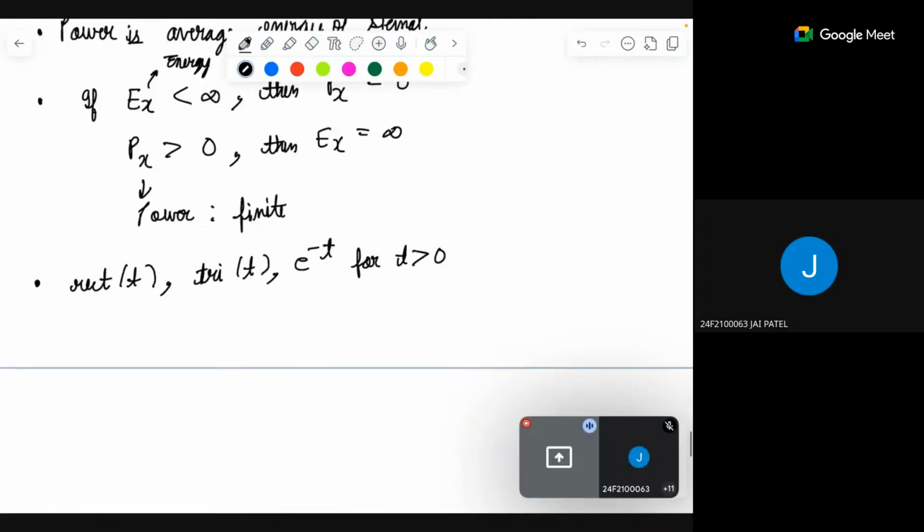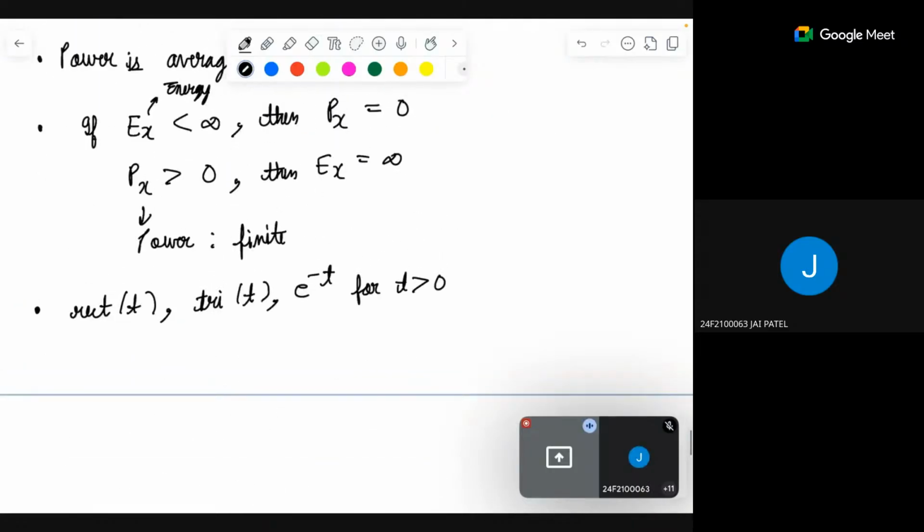As we see, rect t, triangular of t, and e raised to the power of minus t for t greater than 0 all have finite energy. If they have finite energy, they are energy signals, so their power is 0. Is this clear, or do you want me to show it mathematically? Ananya, is it clear? Yes, ma'am.